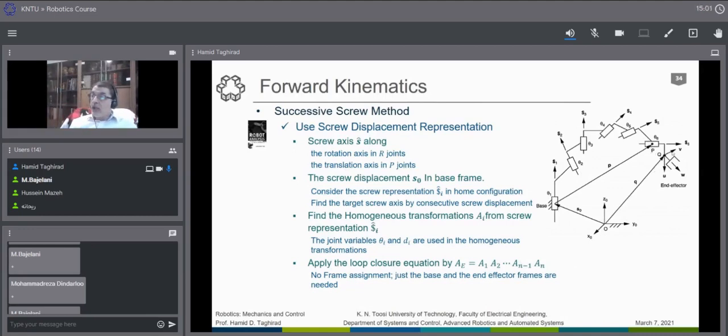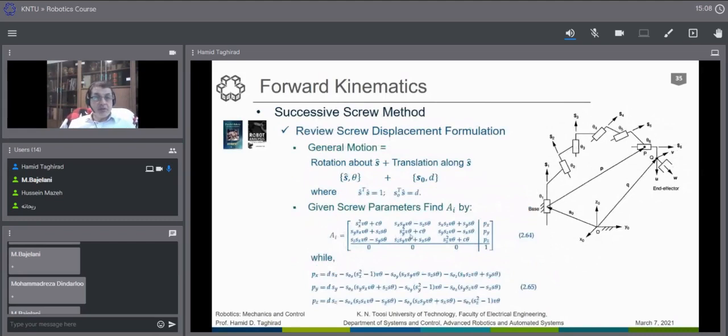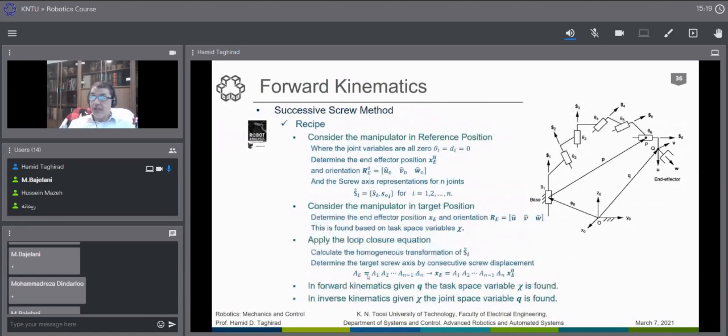And then after doing that, by simply the definition of the homogeneous transformation we gave in the last chapter, we find the homogeneous transformation and then use the mapping. This is the final version I have put here.